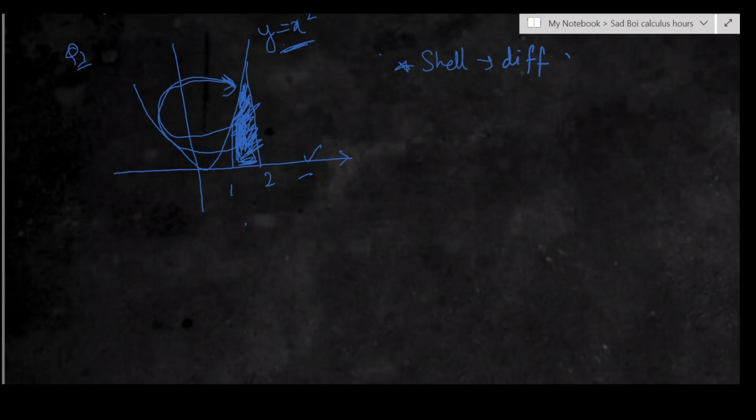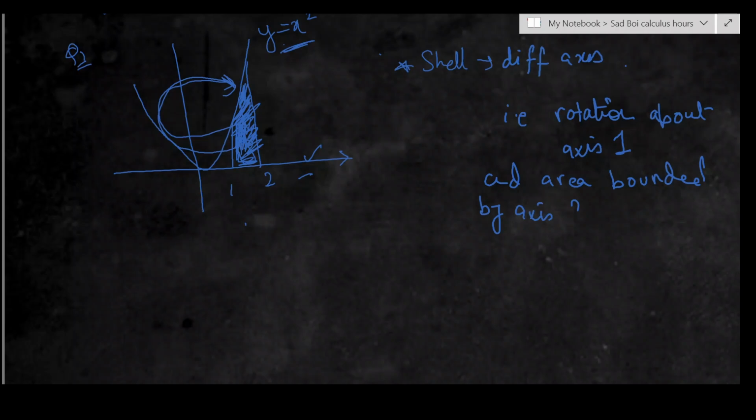You need to use the shell method when you have different axes, that is, rotation about axis 1 and area bounded by axis 2.